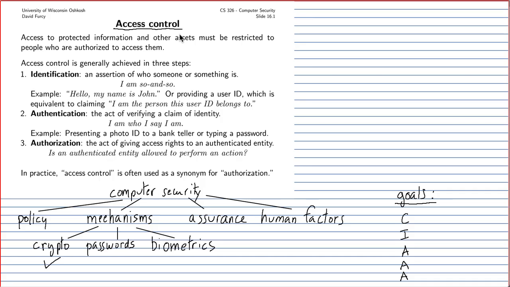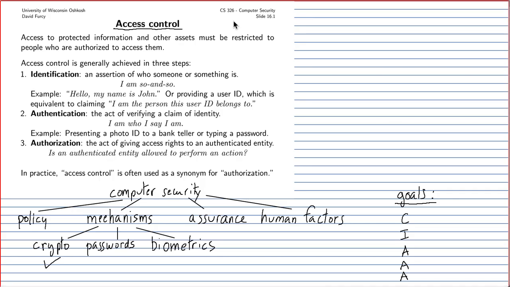So obviously, one of the goals of security is to protect assets, be they information or computer systems, etc., and protect them from attacks. And so, in particular, a general approach to protecting such assets is to control who has access to them.